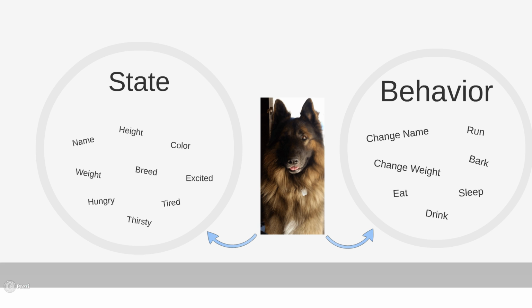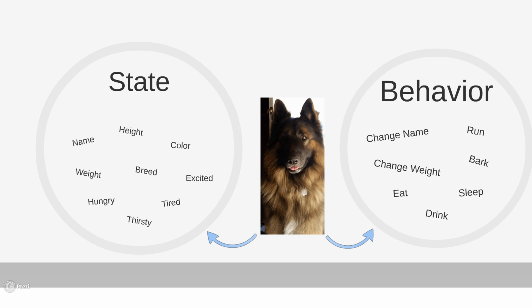The behaviors are responses to the object states, and in turn the state of the object changes with the behavior. So for example, if the dog is tired, it may go to sleep, and once the dog is done sleeping, it will no longer be tired. Similarly, if the dog is thirsty, its state is it's thirsty, and its behavior will be to drink.